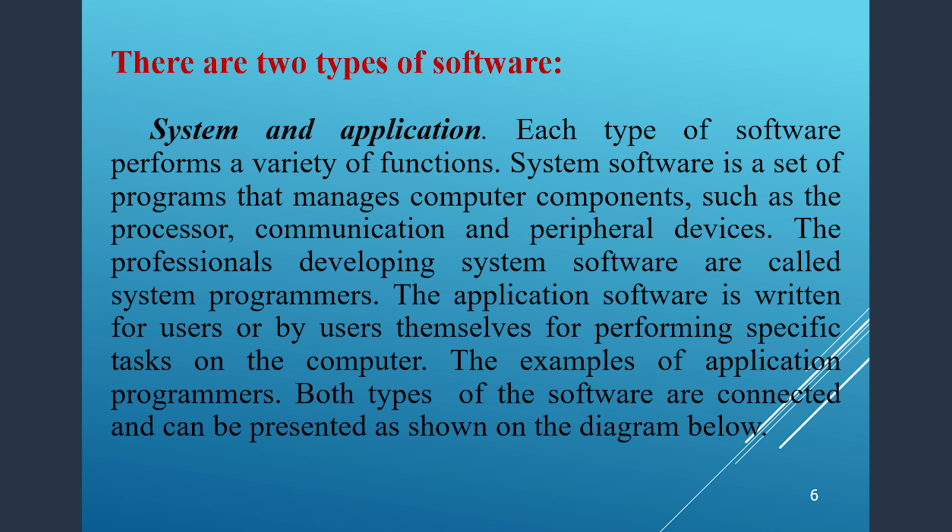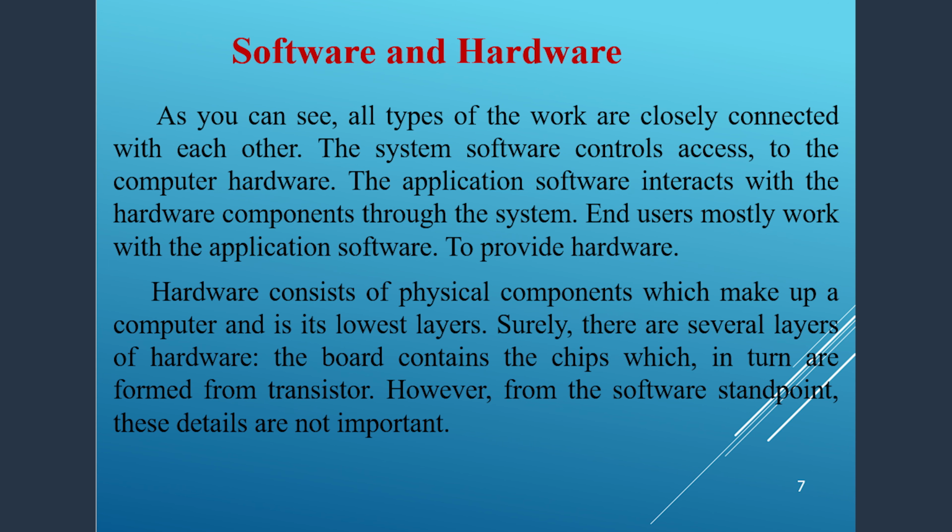The professionals developing system software are called system programmers. The application software is written for users or by users themselves for performing specific tasks on the computer. Both types of software are connected and can be presented as shown in the diagram below.